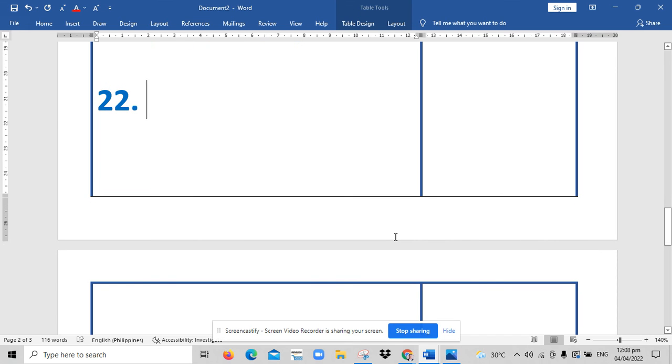Okay. Now, when we divide integers, class, it's somewhat the same with multiplication.